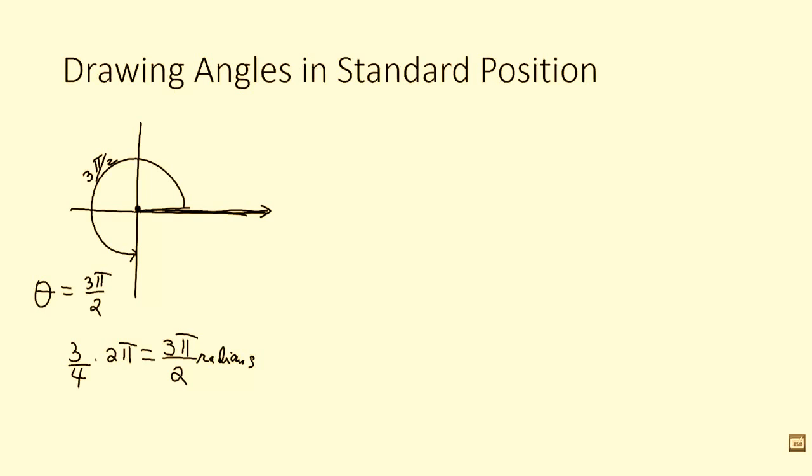Let's look at another example. Let's say theta is pi radians. What would it mean to draw this angle in standard position? Pi radians would be half of a revolution, and half of 2 pi is pi.